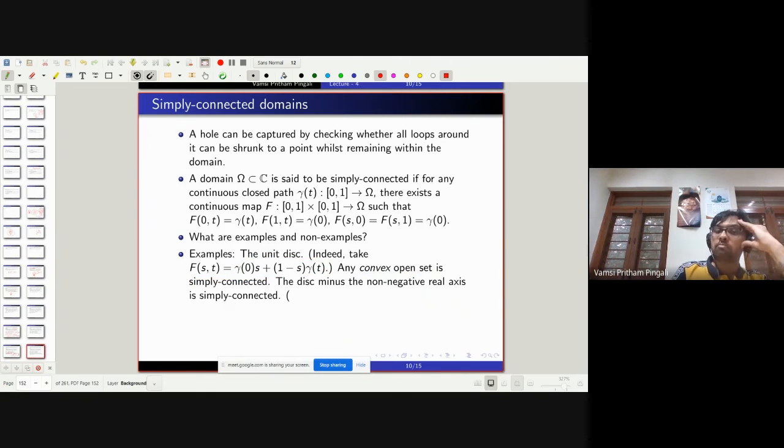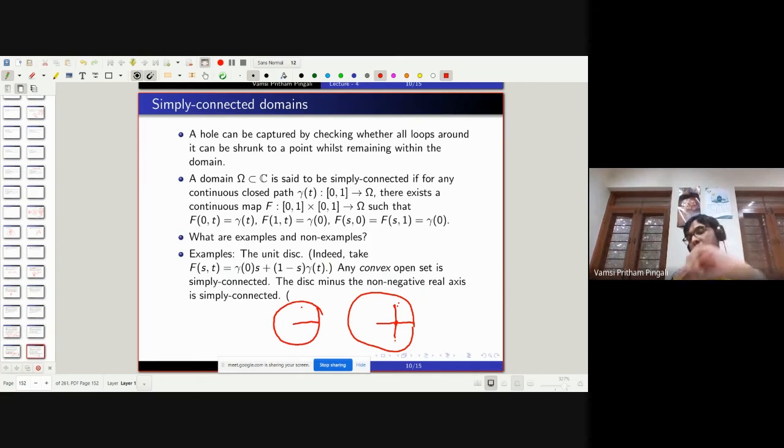Now the disk minus the non-negative real axis is not convex, obviously, because if we join these 2 points, it's going out of this region, but this is still simply connected. How does one prove this is simply connected?